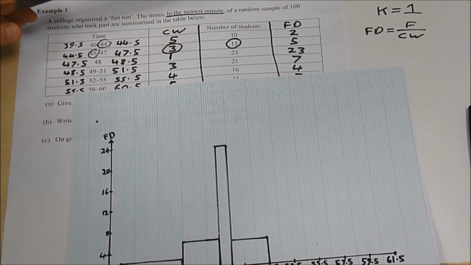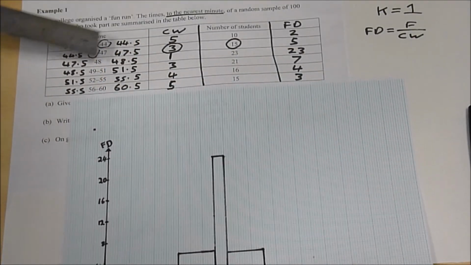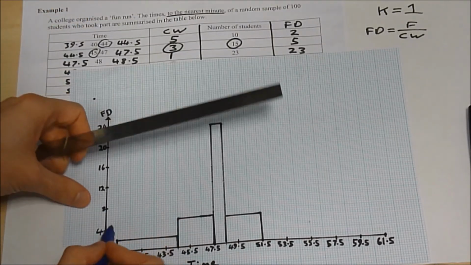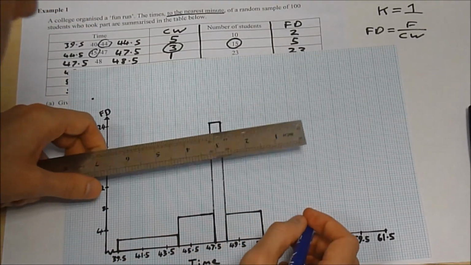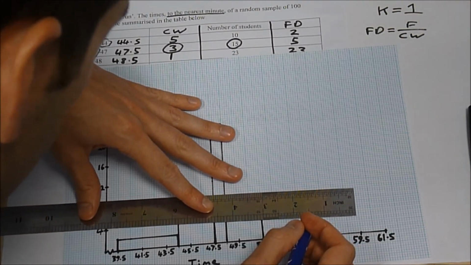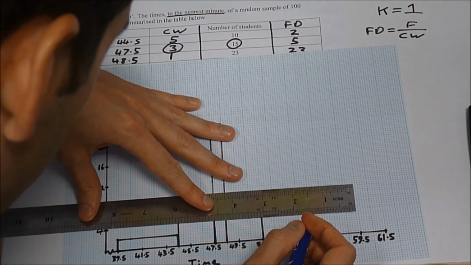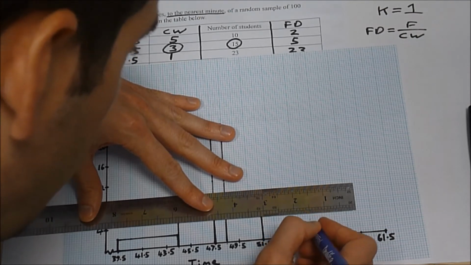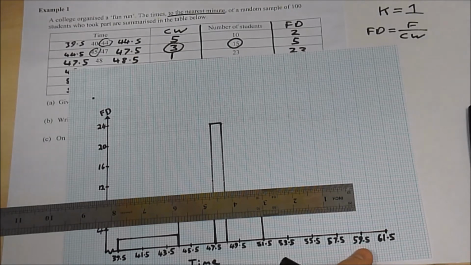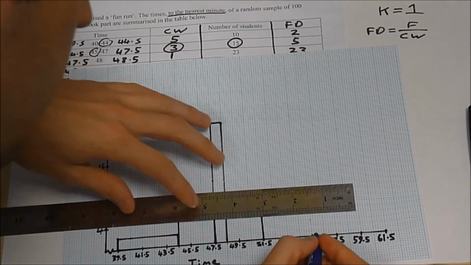And then almost at the end, we've got frequency density of 4, 51.5 to 55.5. So I'm going to go along from 4, that's a nice easy one. Along from 4 at 55.5.